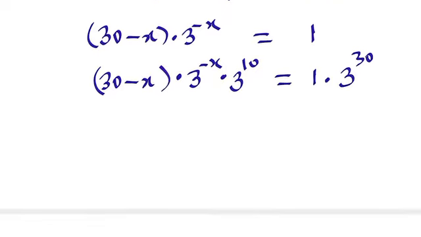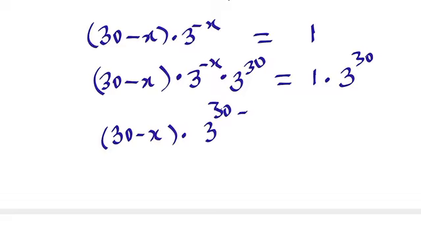So now, from the law of indices, this will be 3 raised to the power 30, not 10, then minus x, which equals 1 multiplied by 3 to the power 30.